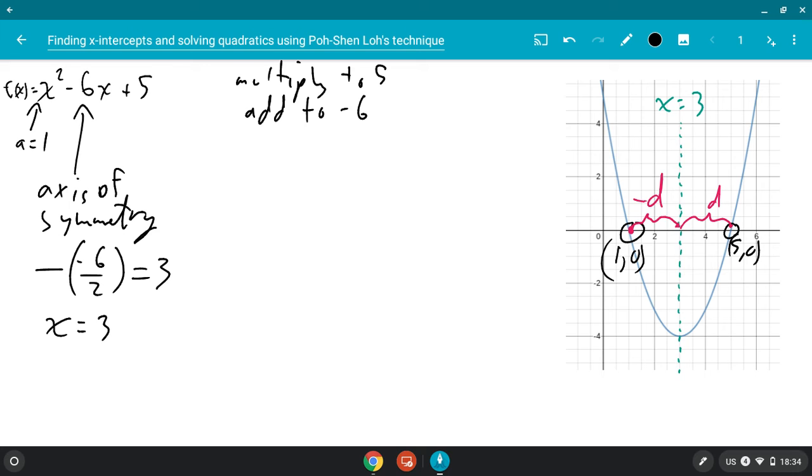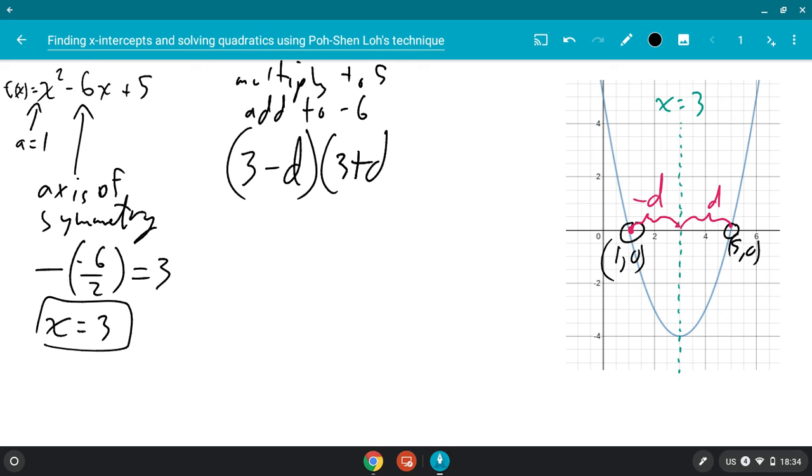Considering that we have two things that are multiplying to 5, but then add to negative 6, we can think of it as a difference of two squares. This is the new part, all right? So it's this axis of symmetry number, and it's going to be minus that d or plus that d. And those two things are going to multiply to 5, okay? And they have to add to negative 6.